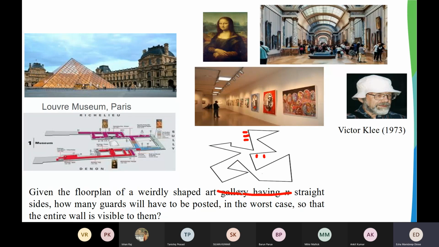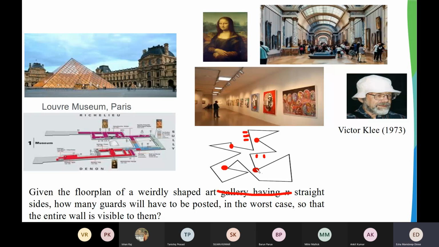So what is the idea? The idea you come up with is, you will put some guards at the vertices, so that every wall is watched by at least one guard. Let's take this wall. Now this wall is watched by this person. This person will also be able to see this wall.